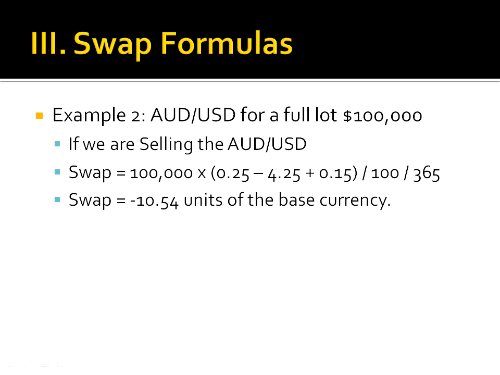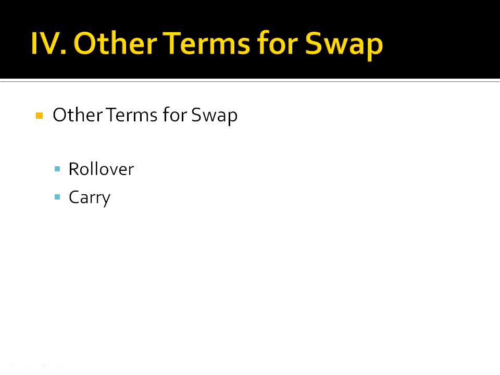It will be automatically debited out of your trading account at 5 p.m. Eastern when the accounts are automatically closed and instantaneously reopened. That number is going to magically disappear out of your account because you are selling the high interest and buying the low interest currency.